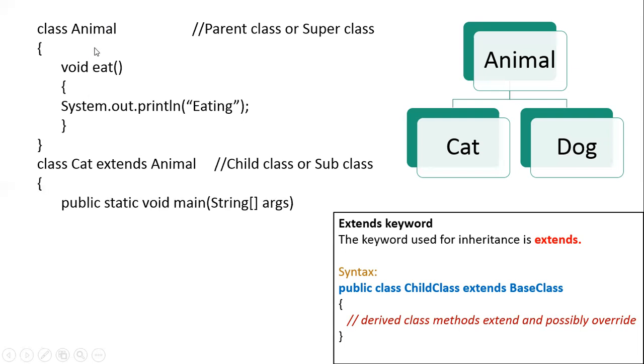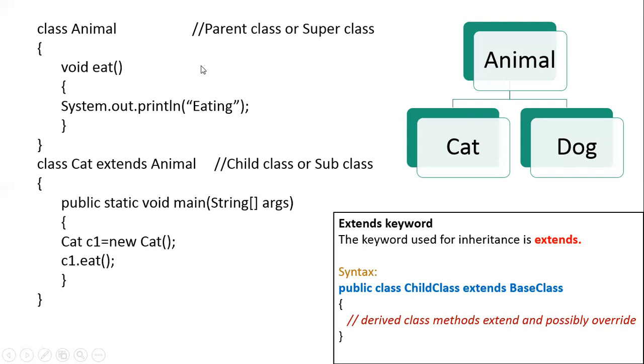And in cat class we have defined main function and inside this main function we have created an object of this child class, and using the object of child class we are calling method of parent class. If we have not used this extends animal keyword then we cannot call method of another class using object of this class. Because this class has inherited the properties of the base class, that's why we are able to call method of base class using the object of this child class.